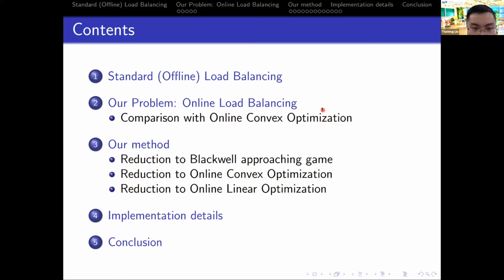Then, as the key point of the method, we reduce the online load balancing problem to the Blackwell approachability game, then to the OCL game, and to the OL game. Fourth, we deal with some implementation details. And at last, we give the conclusion and the future work.